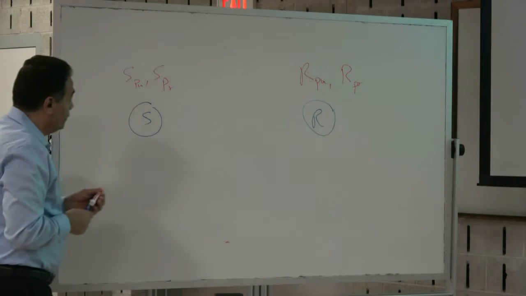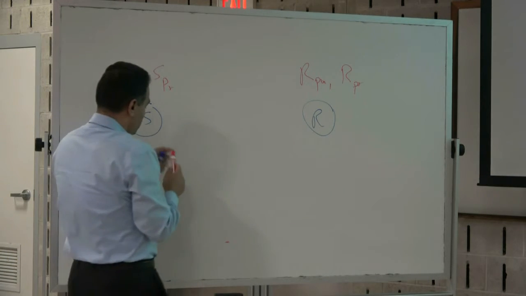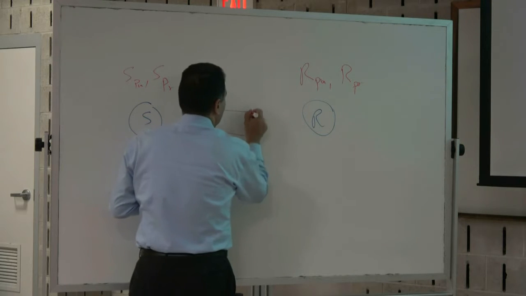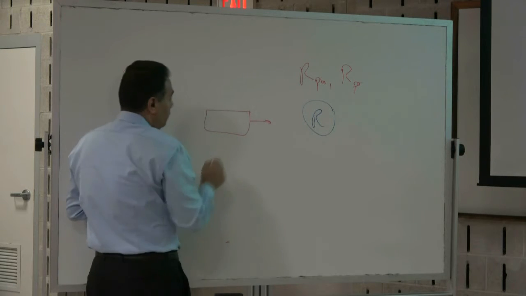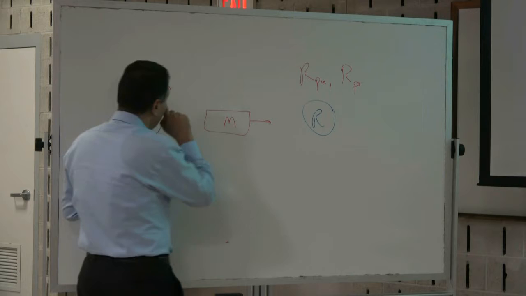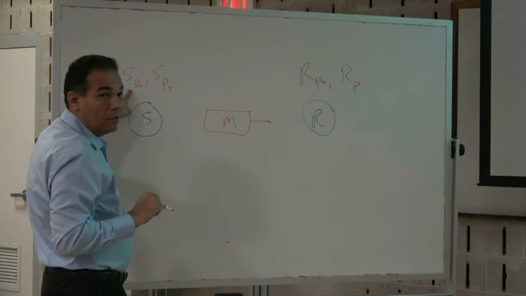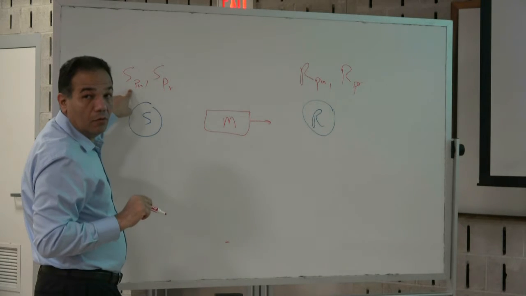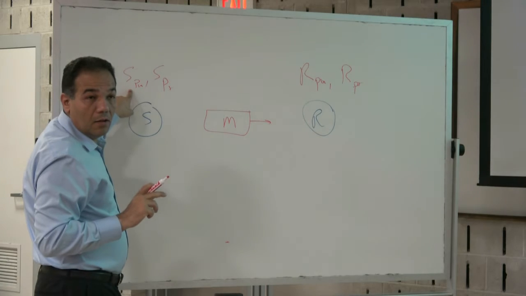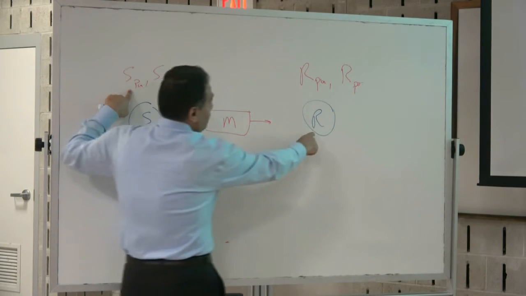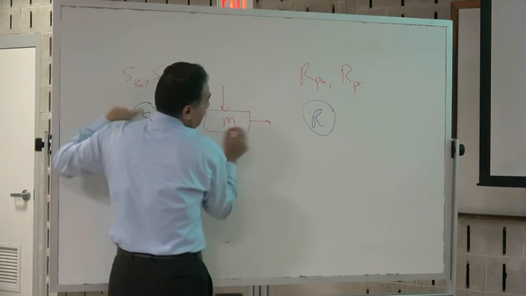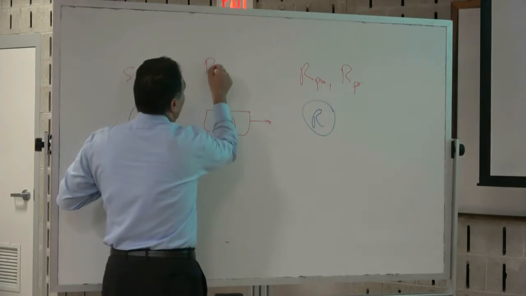So when you need to send a message, it will be encrypted using what? The public key. Public key of who? Of the receiver.